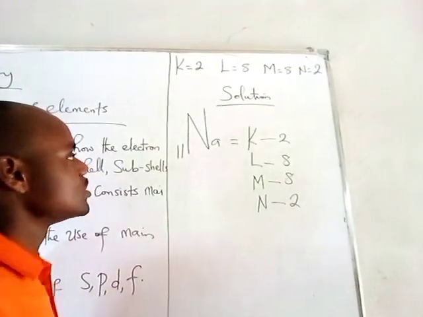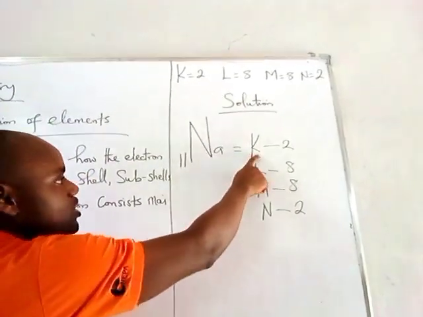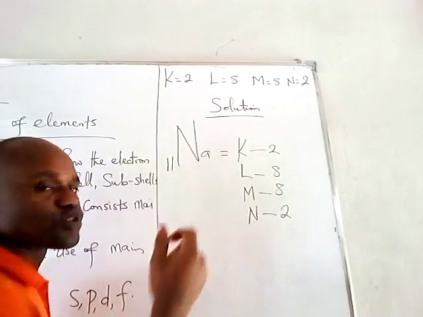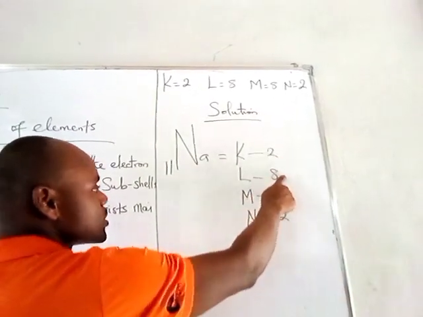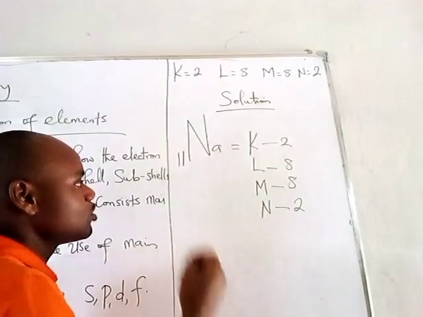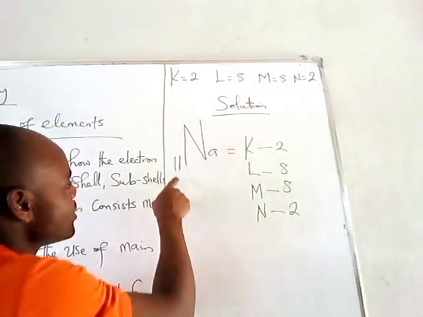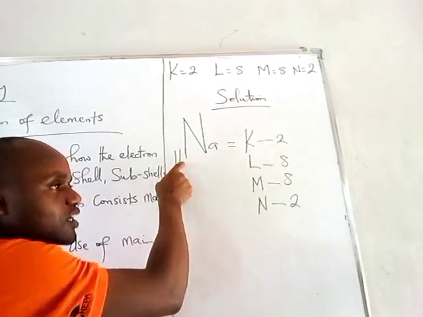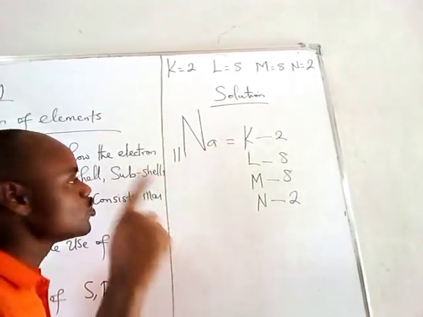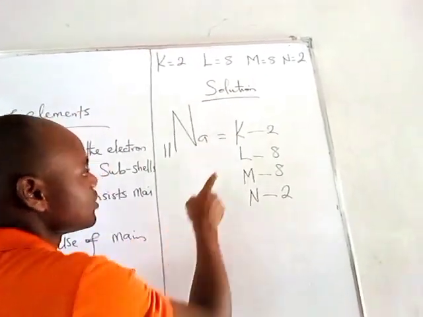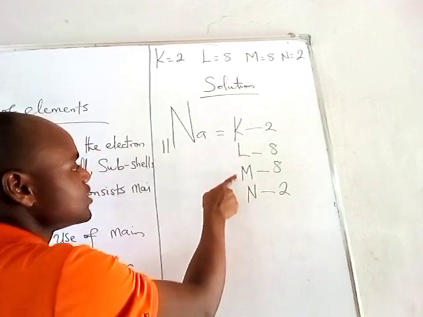For example, what I'm saying is this: K has 2 electrons, L has 8 electrons. When you sum these two together, 2 plus 8 will give us how many? Which is 10. Now, how many electrons are required to make this element? 11. To make the atomic number 11, there is 1 remaining. So, which means we are going to make use of the K shell, the L shell, and the M shell.